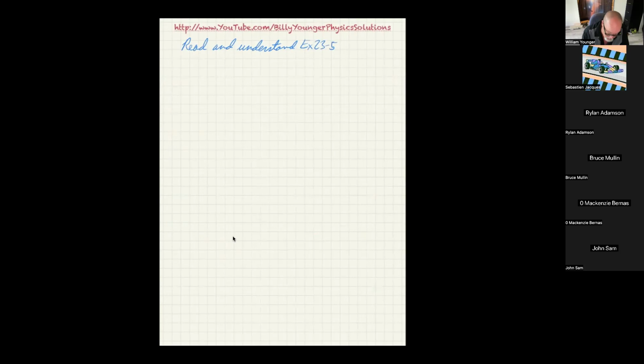And what we're going to learn is that E breakdown, this means the electric field strength at which air becomes a conductor, is approximately 3 times 10 to the 6 volts per meter.